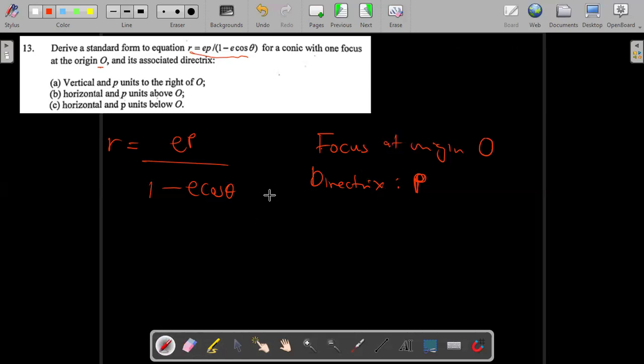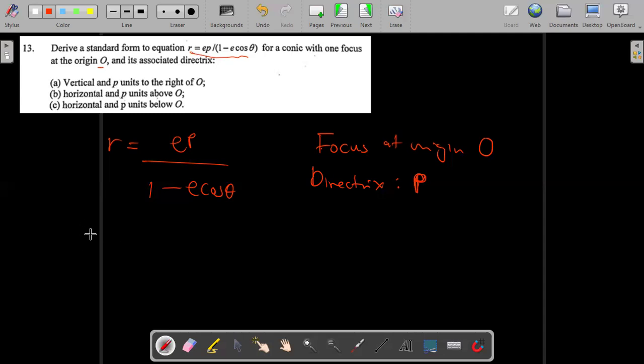Then these standards, just the same way, they've just given us this one, but it is not the only one. So now we're going to say the standards for the conic section in polar coordinates, since we're dealing with polar coordinates. I forgot to mention that this is a question on polar coordinates.